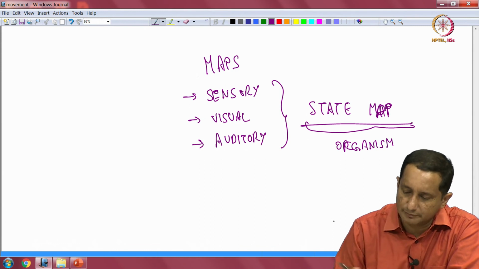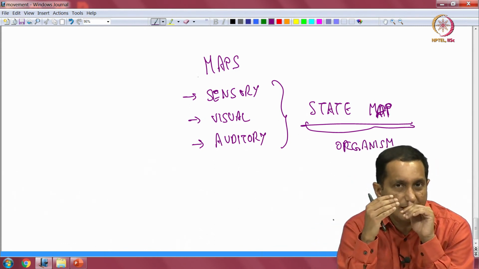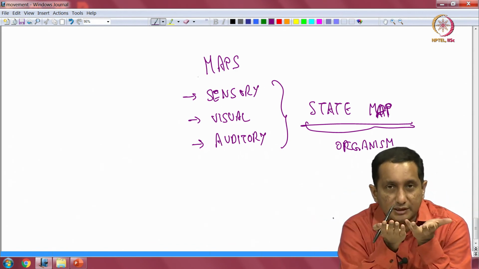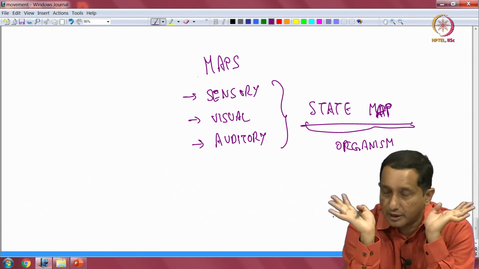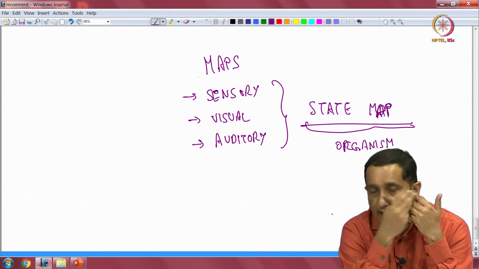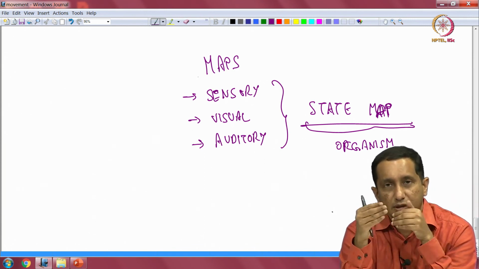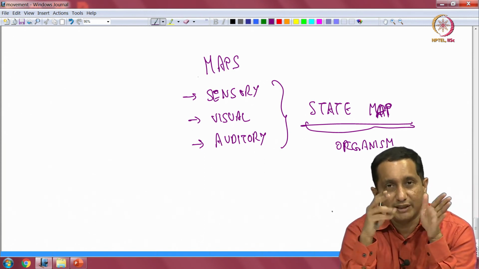Now, an interesting problem is that these state maps are not interchangeable. The visual map is a spherical map of your environment, the sensory map is your own body representation, and the auditory map is from both the sides. So you cannot have a single 3D coordinate system.